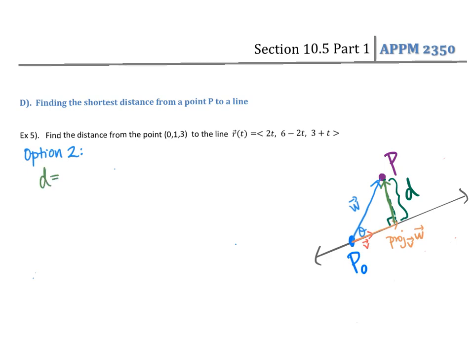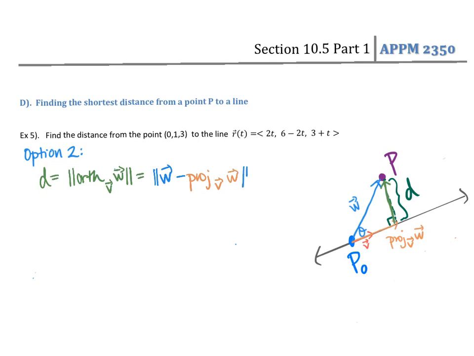So what we're looking for is the magnitude of the orthogonal projection of w onto v. And we can get that by finding the regular projection and then subtracting that using just vector subtraction, subtracting that from w. So here's the other way to do this problem.